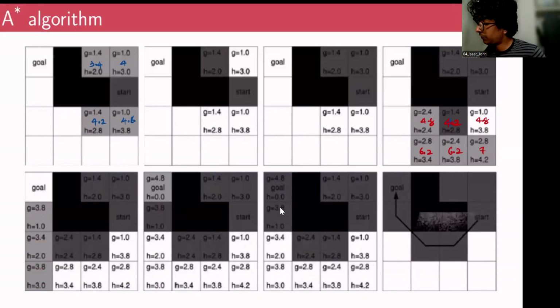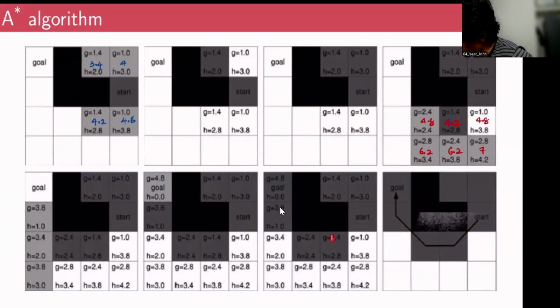And then finally, we end up with an optimal solution. The thing is, we only have to connect all the parts which have the lowest expected cost. So once you compute the total expected cost for all these explored points, it turns out that the path that I'm currently highlighting has the lowest total expected cost at every point, right?